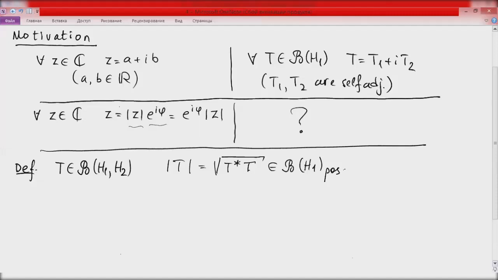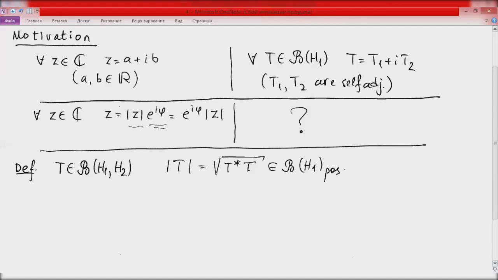Now let's try to answer the question, what is the natural operator analog of this exponent, e to the power i phi? Well, this complex number sits on the unit circle, centered at 0 of radius 1. And the unit circle consists precisely of the unitary elements of the complex plane.